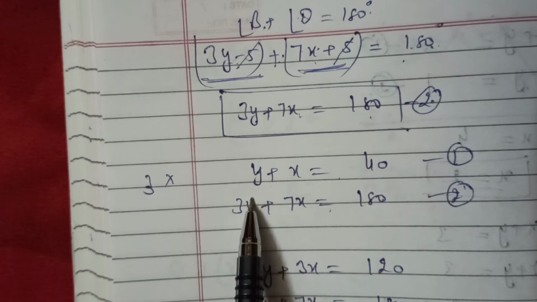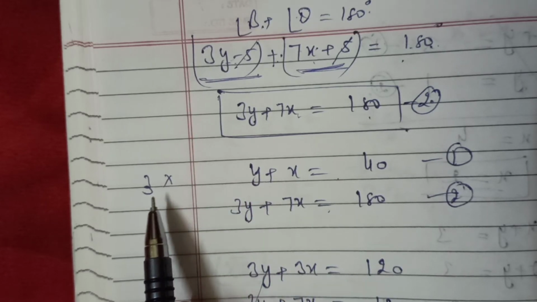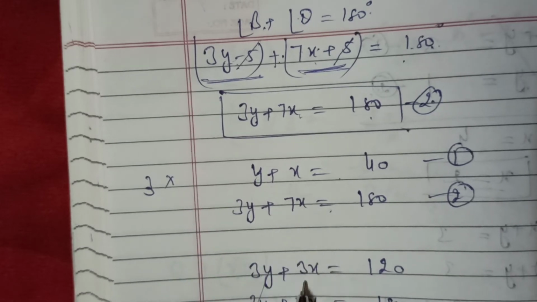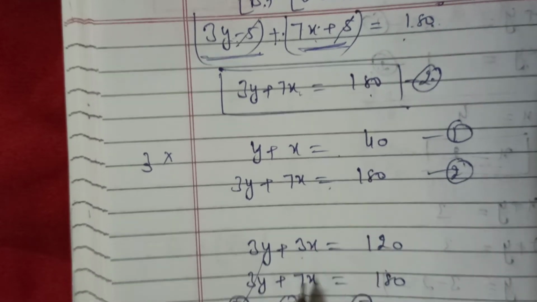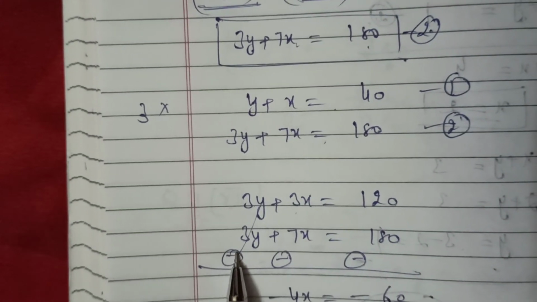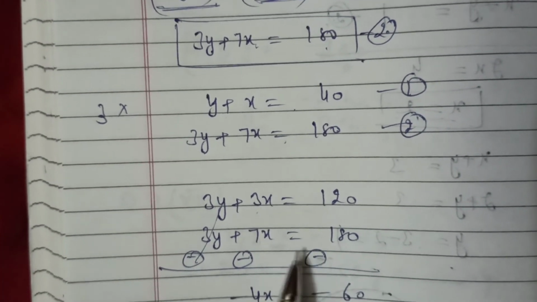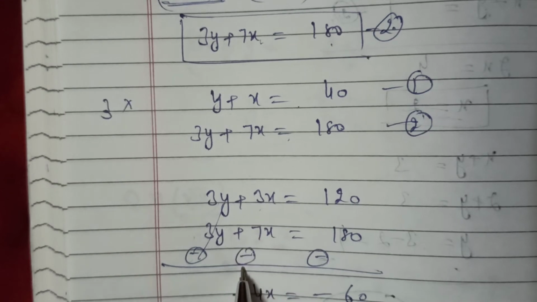To make the coefficient same, you will have to multiply it by 3. 3 into y, 3y, plus 3 into x, 3x, is equal to 3 into 40, 120, is equal to 3y plus 7x is equal to 180. Change the sign, minus, it's plus, it become minus.